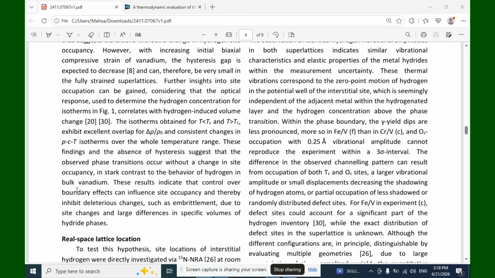These results indicate that control over boundary effects can influence site occupancy and thereby inhibit deleterious changes such as embrittlement due to the site changes and large differences in specific volumes of the hydrous phases.